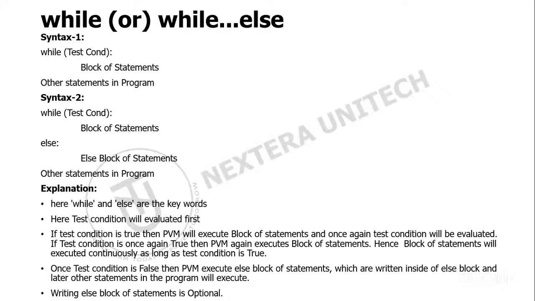The looping statement is called the while loop. Also called the while else loop. What is the syntax for the while loop? The syntax is the while keyword followed by the test condition.